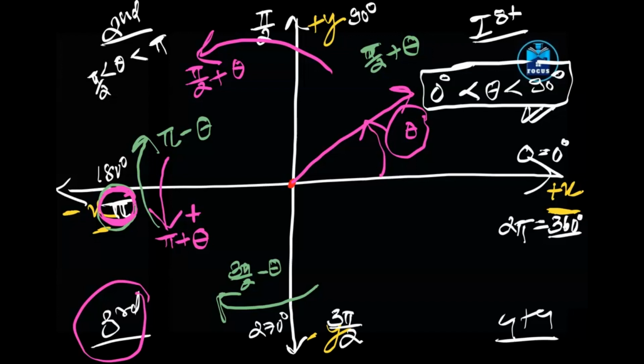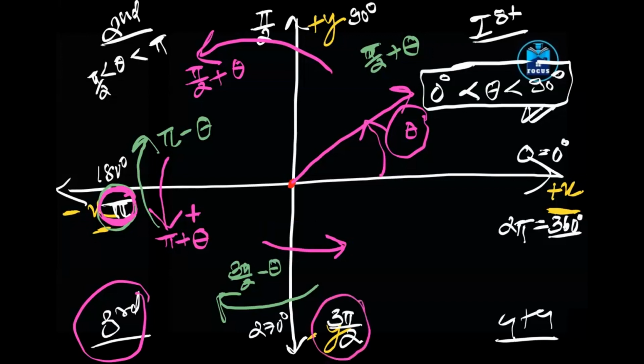Is it clear already? Yes. Okay. If I want to come to the fourth quadrant, what do I need to write? 2 pi plus theta. Please see the direction and the axis.